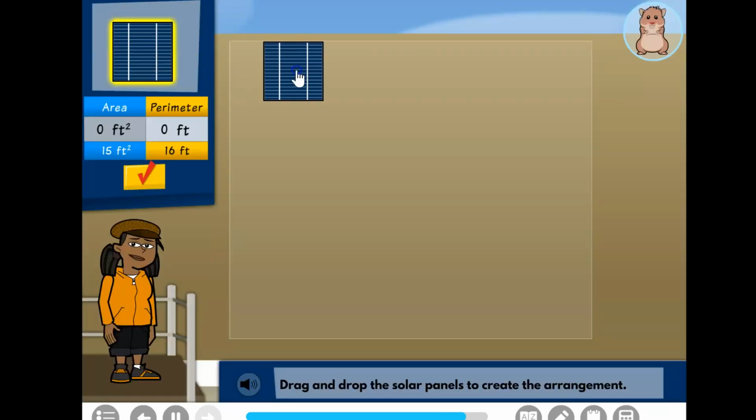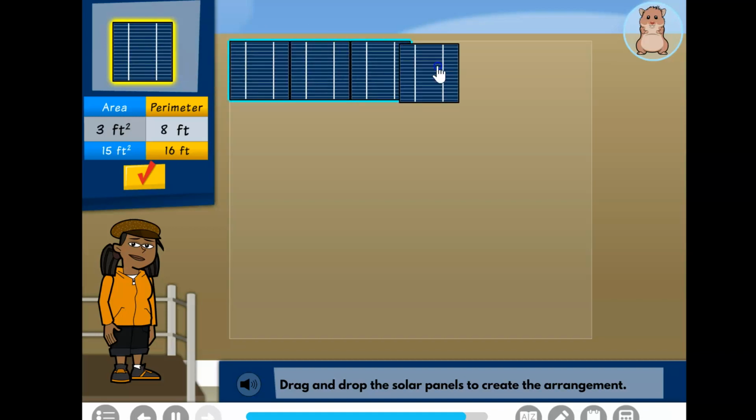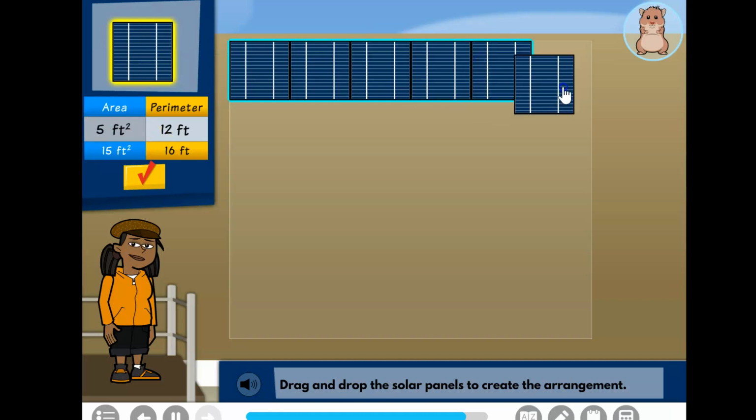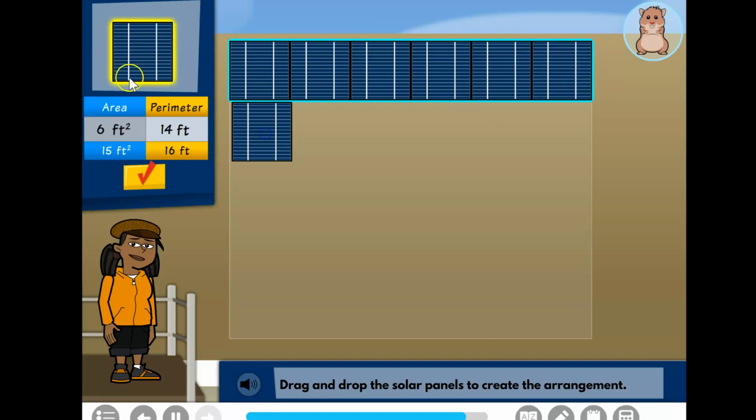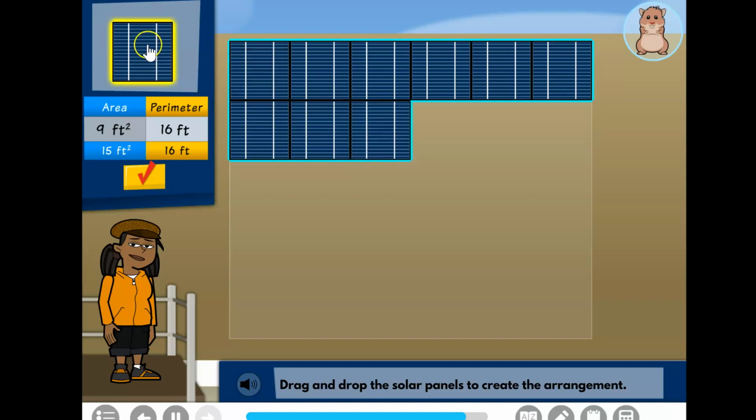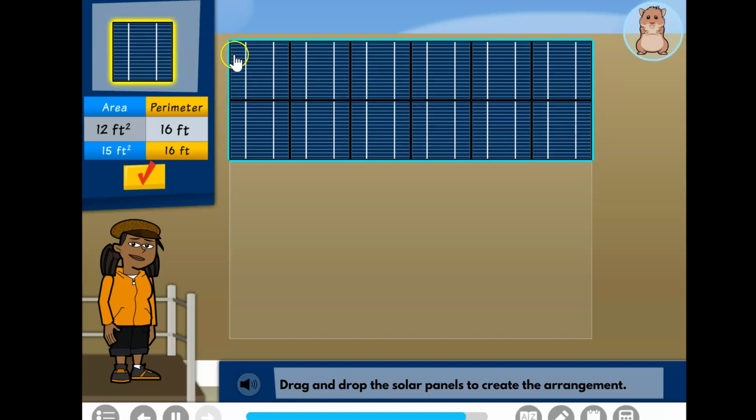And finally, they actually want you to put the solar panels on the roof. So as you can see, as I put these solar panels on, every solar panel gives me an extra area of feet. So I'm going to do this until I have 15 square feet for my area, but I want to make sure that my perimeter stays below 16. So the moment I go above that, you'll notice what happens.